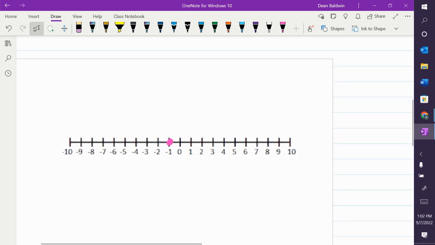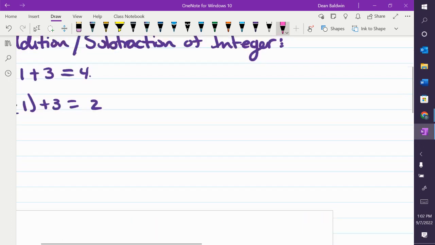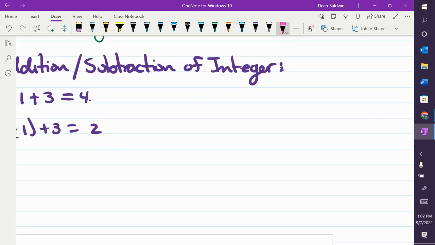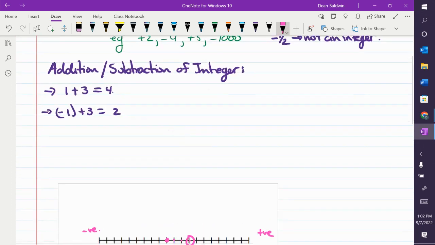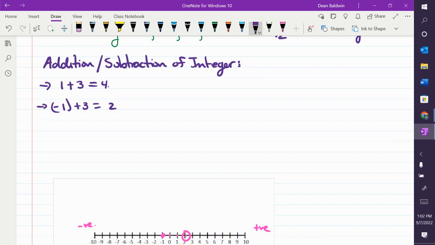There's negative 1. If I'm going to add 3, which way do you go if you're adding? Right. You go to the right in the positive direction. This is the positive, negative. So I add 1, 2, 3. There's my answer, which is 2. Okay?